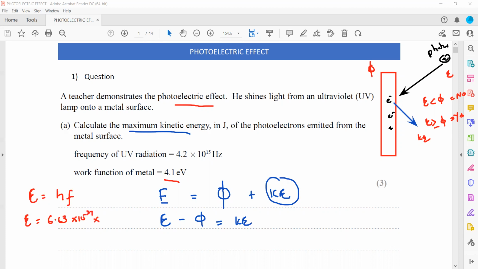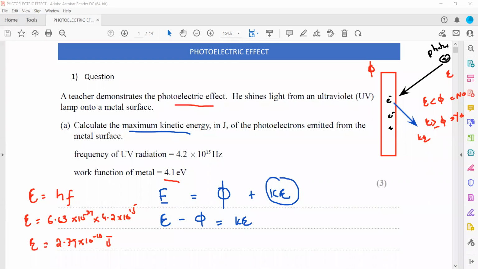The frequency of the incident light is given in the question, 4.2 × 10^15. When we multiply these two factors, we get the energy in joules, that is 2.79 × 10^-18 joules. This is the energy of the incident photon.